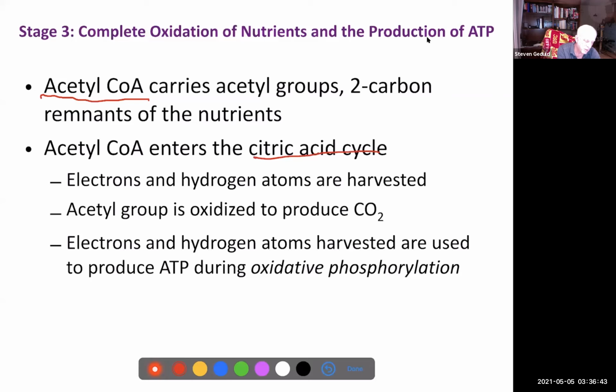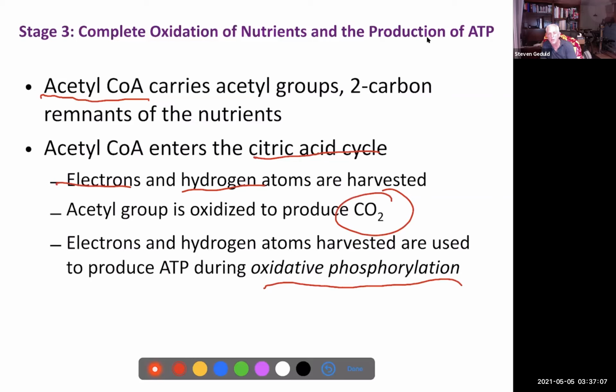Okay, electrons and hydrogen atoms can become harvested, and the acetyl group is oxidized to produce CO2. So basically, we're taking all of our energy down, running it through the citric acid cycle to produce carbon dioxide by oxidation. Okay, so electrons and hydrogen atoms harvested are used to produce ATP during this oxidative phosphorylation.